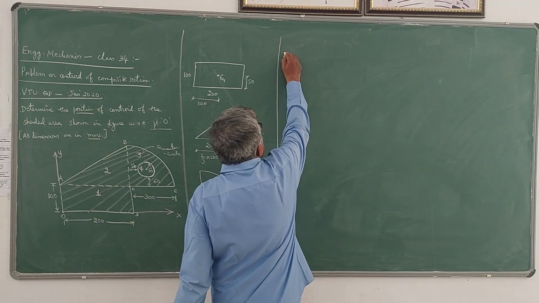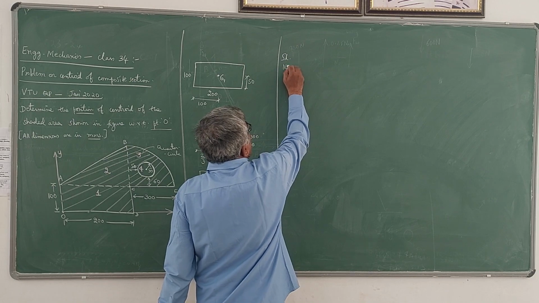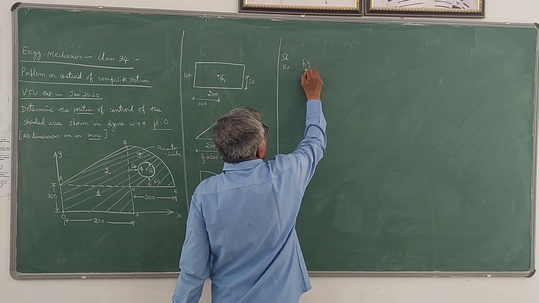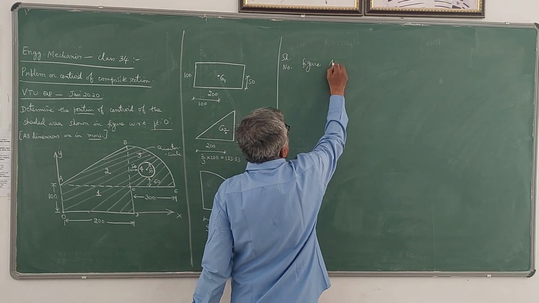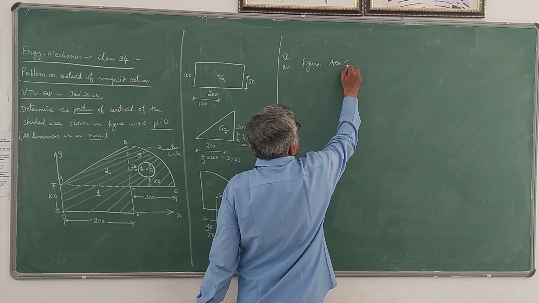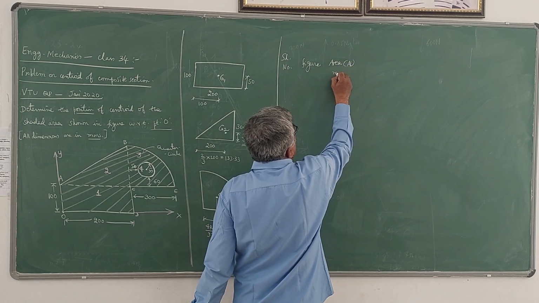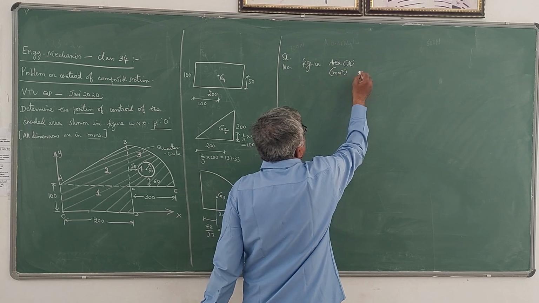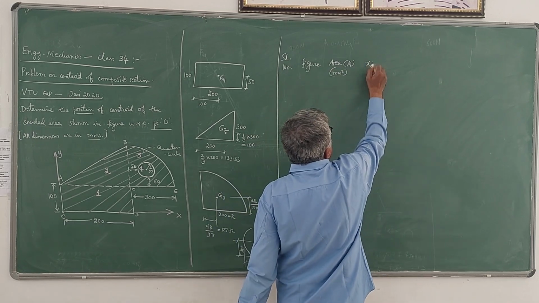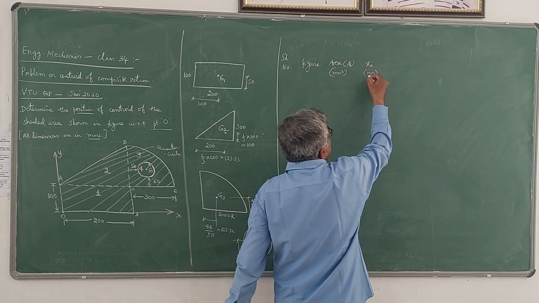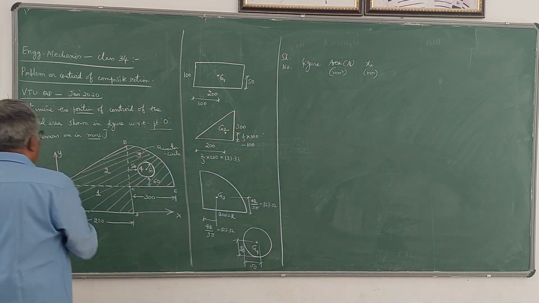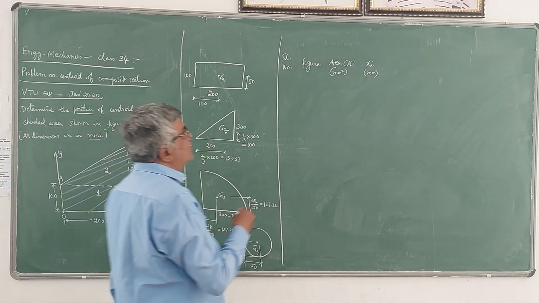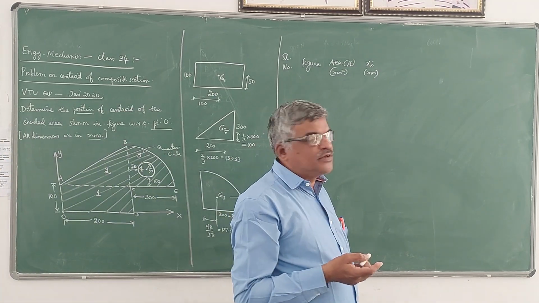So serial number, figure, area. I will take it as Ai, it will be in millimeter square. Then x distances, xi, which is in millimeter. So x distances are measured from this y axis to the centroids G1, G2, G3, G4.